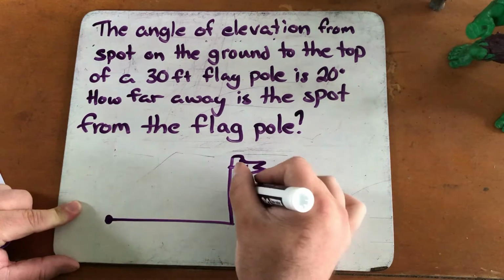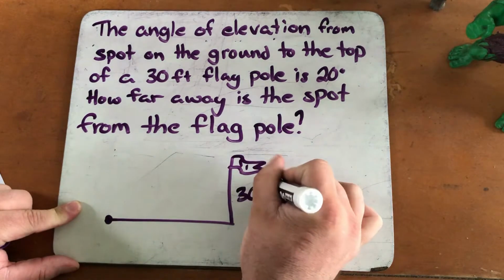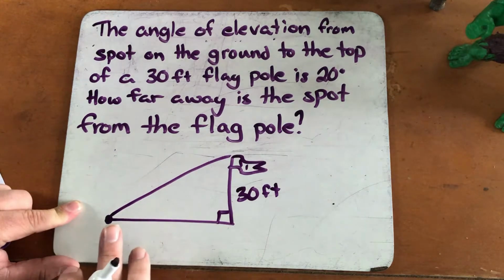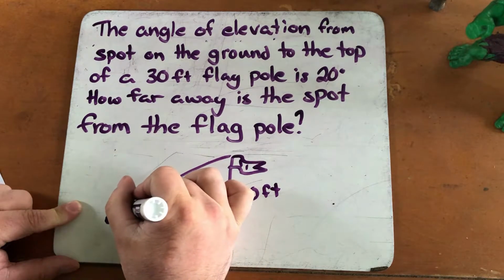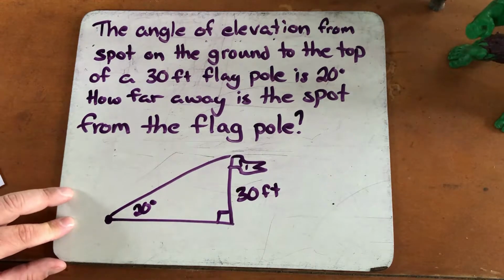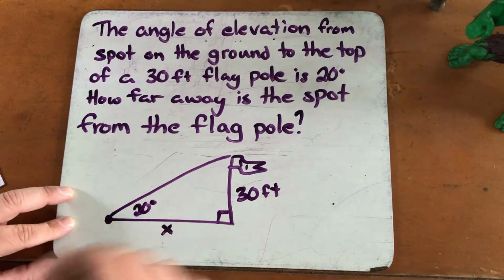There's my flag. Now, I know that this flagpole is 30 feet tall. I'm also told that this angle of elevation is 20 degrees. The question is what I'm looking for: how far away is the spot from the flagpole? So that would be this value.